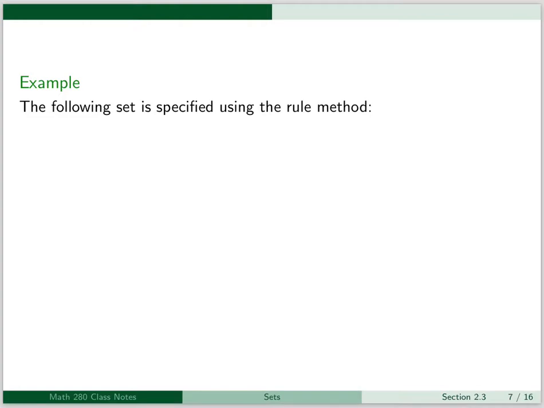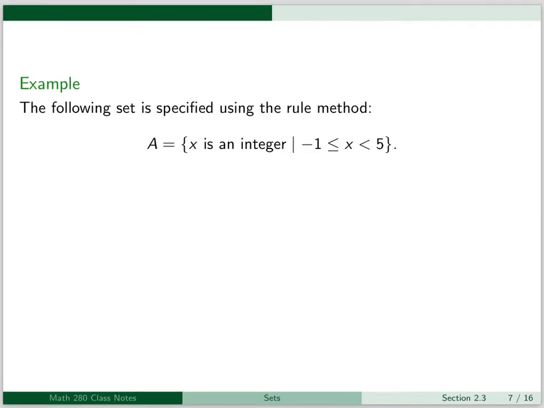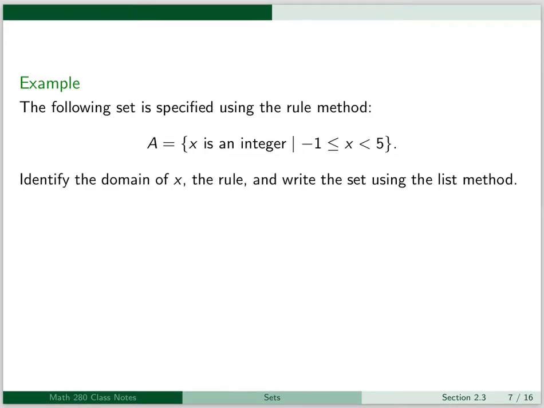Let's look at some examples now. The following set is specified using the rule method. A is the set of x, x is an integer, such that -1 ≤ x < 5. We want to identify the domain of x, the rule, and write the set using the list method.